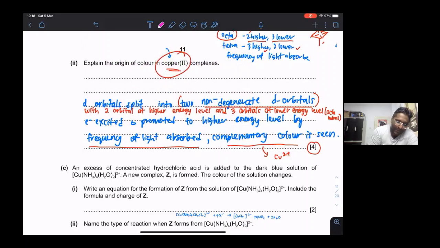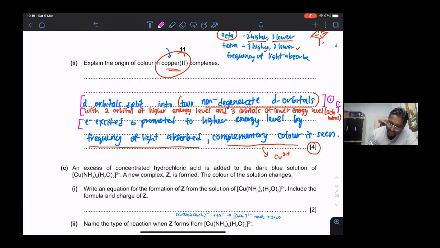Please focus on d orbital splitting into 2 non-degenerate orbitals, 1 mark. And then please mention these 2 orbitals at higher energy level and 3 orbitals at lower energy level for octahedral. Electrons get excited and promoted to higher energy level, 1 mark.